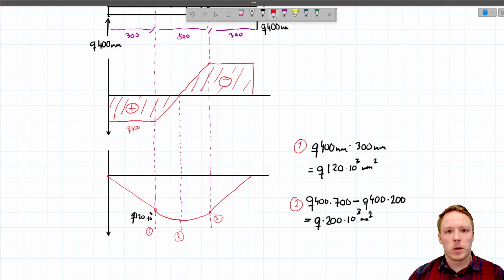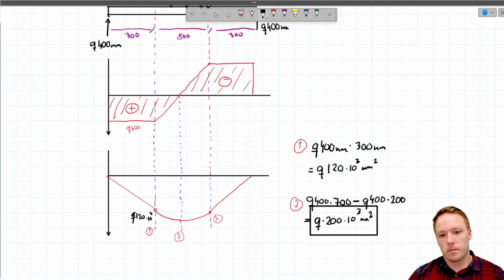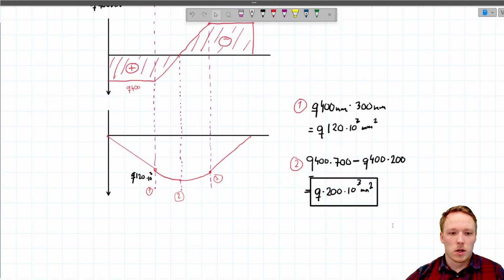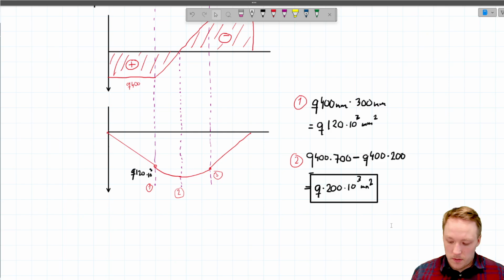And from here we can see that the maximum value for our internal bending moment will be Q times 200 times 10 to power 3 millimeters power to 2. So that is our maximum value for the internal bending moment.